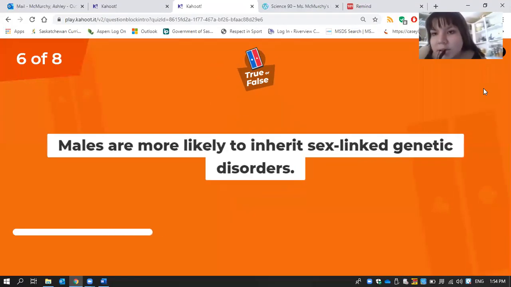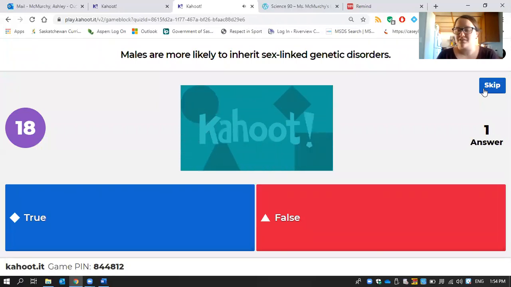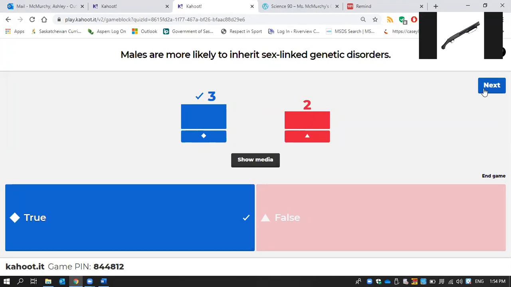True or false? Males are more likely to inherit sex-linked genetic disorders. Good job, guys. That is true. The big reason is that a lot of sex-linked genetic disorders may be recessive. Females have 2 X chromosomes, so they'd have to have it on both of their X chromosomes to have the disorder, whereas males only have 1 X chromosome.